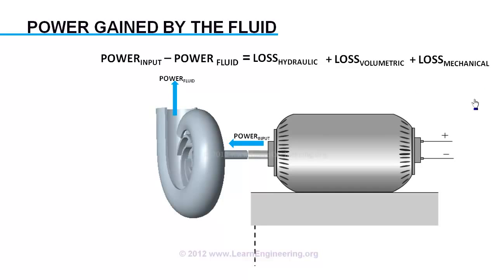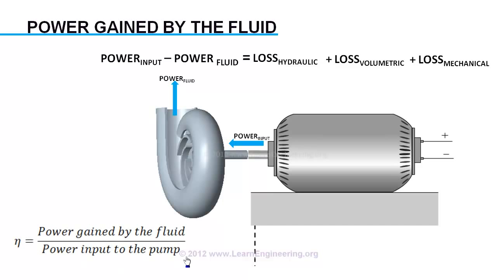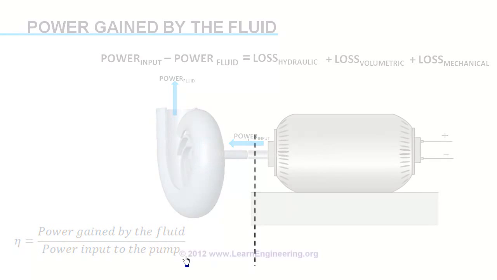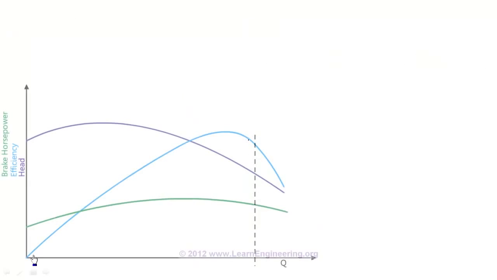So, the efficiency of a pump can be defined as power gained by the fluid divided by power supplied to the pump. For a typical centrifugal pump, efficiency will vary like this. The corresponding shaft power variation is as follows. You can note that there is an operating point in the pump where efficiency is maximum. It is known as the best efficiency point. It is marked on the head curve here.